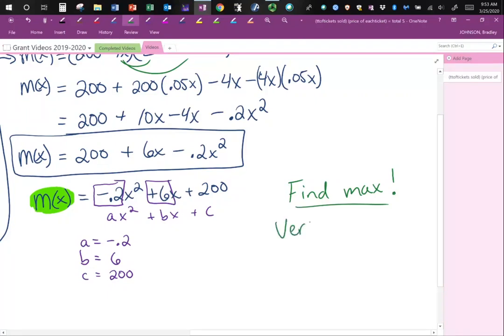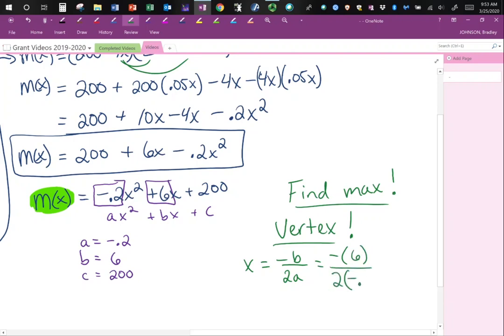Well, the max would be the vertex. And we know how to find the x-coordinate of the vertex. What you do is negative b over 2a. So, negative times 6 and 2 times negative 0.2. And if we put that in our calculator, clean up all those decimals, we actually get 15.